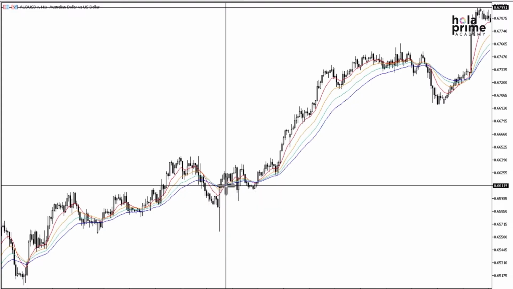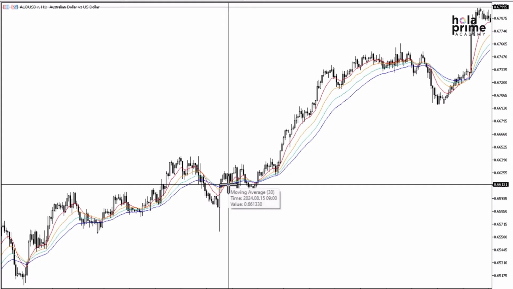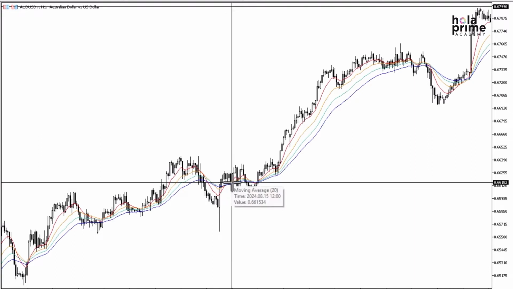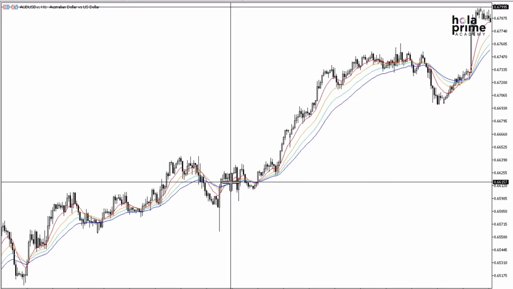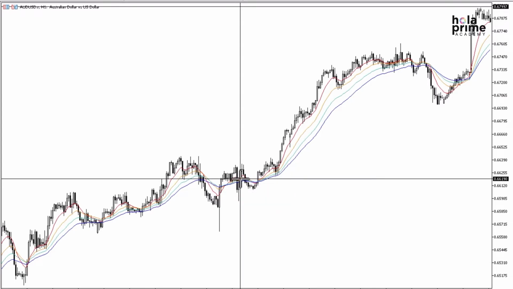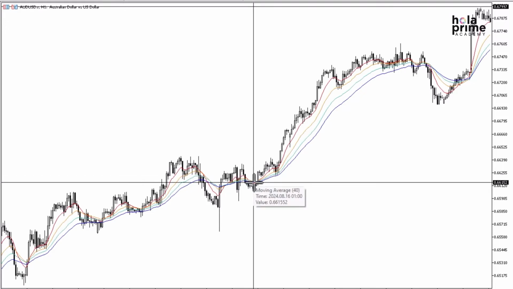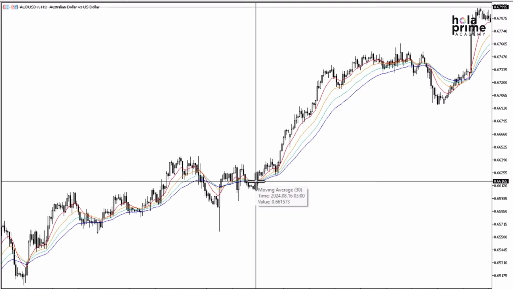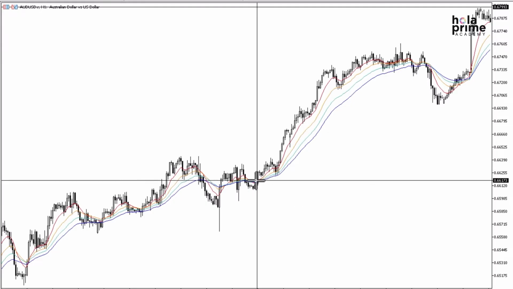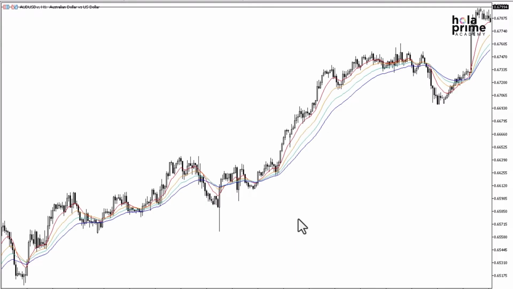For example, here at the 0.6613 level, about 24 hours before the trade that we just ran through, the 10 exponential moving average started to separate from the others, and you would have had a buy signal. However, about 20 hours later, it crossed over, and you probably took, in this case, about a 5 pip loss.